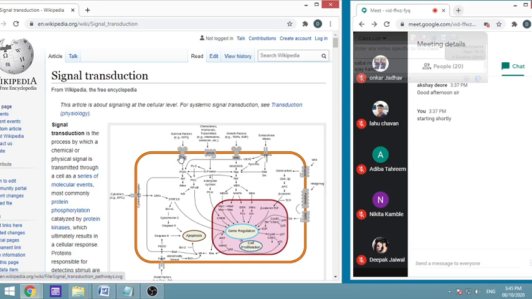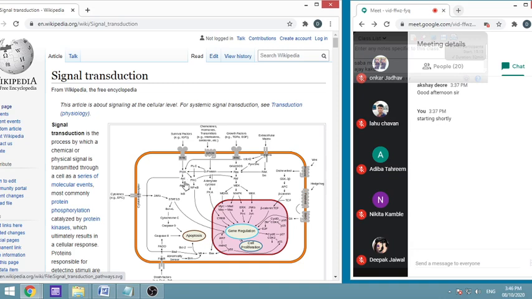This is the receptor tyrosine kinase. An example of ligands is survival factors like IGF-1, that is insulin-like growth factor 1, and it causes activation of PI3K.